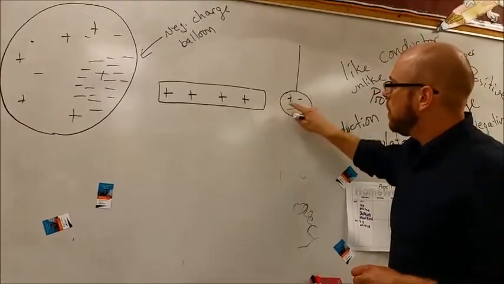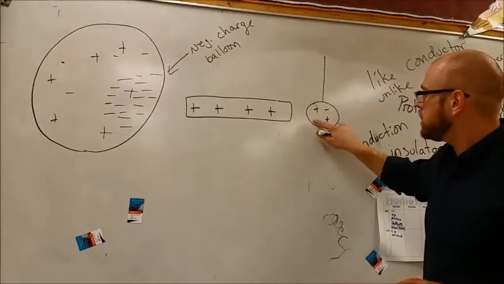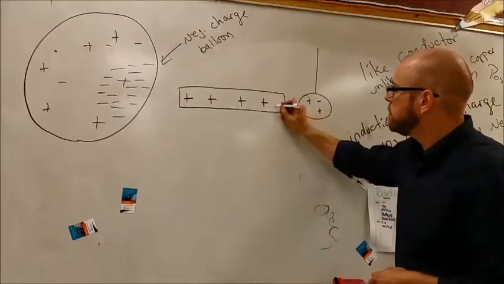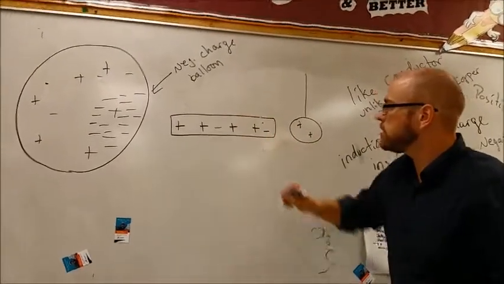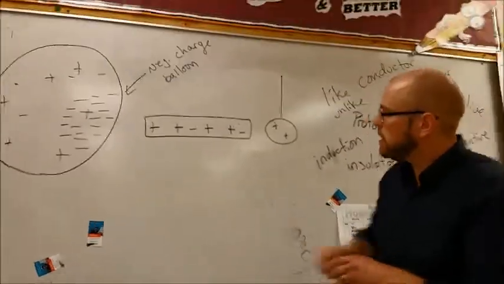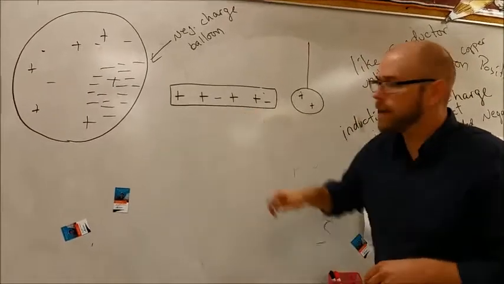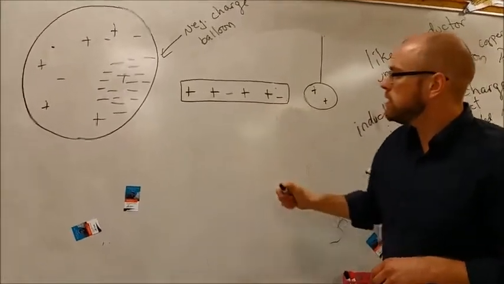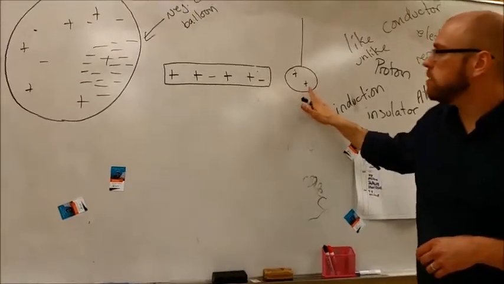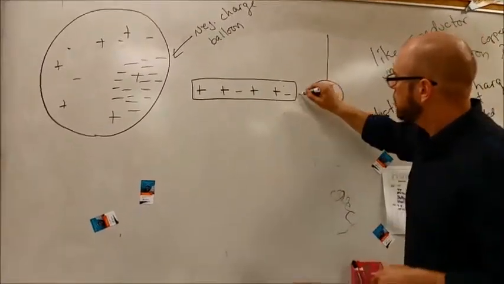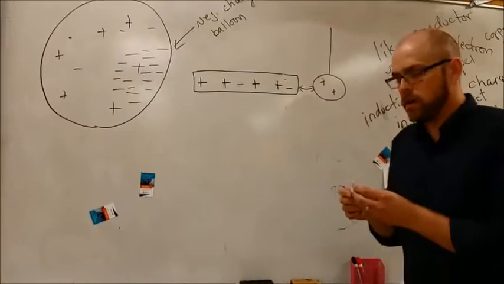Then at one point the ball touched. And when it touched, some of the electrons jumped into the copper rod and probably spread throughout. But you can see that the positive still outweighs the negative. There's more protons than electrons, so it's positively charged. There's more protons here than electrons. They are both positive, and so they repel, because like charges repel.